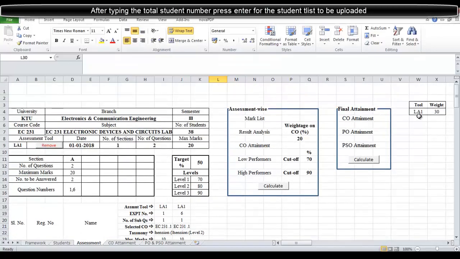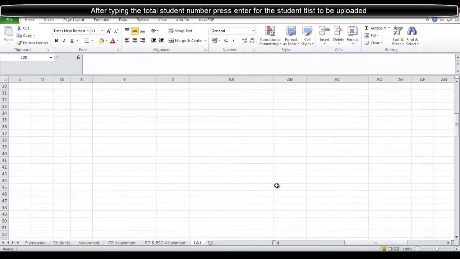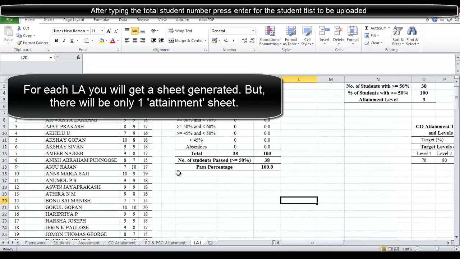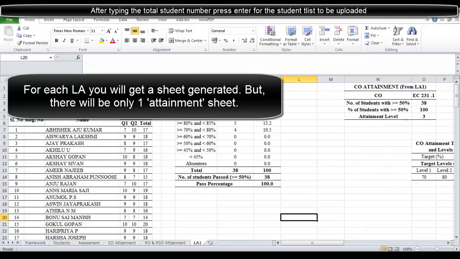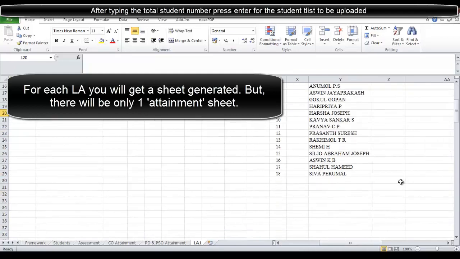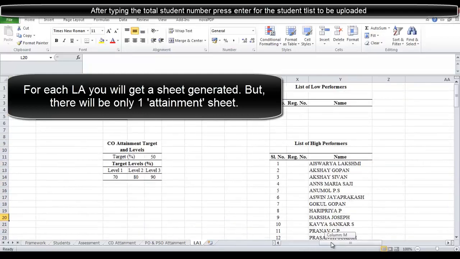You can see here, right now the LA1 weight is shown as 30. It's all going to change because the weightage is going to be 20, as we have written here. So I will just press calculate. A new sheet with the name LA1 opens, which will have the marks out of 20, and based on that, what is the analysis, what are the target levels, who are the high performers, who are the low performers, everything will come here.